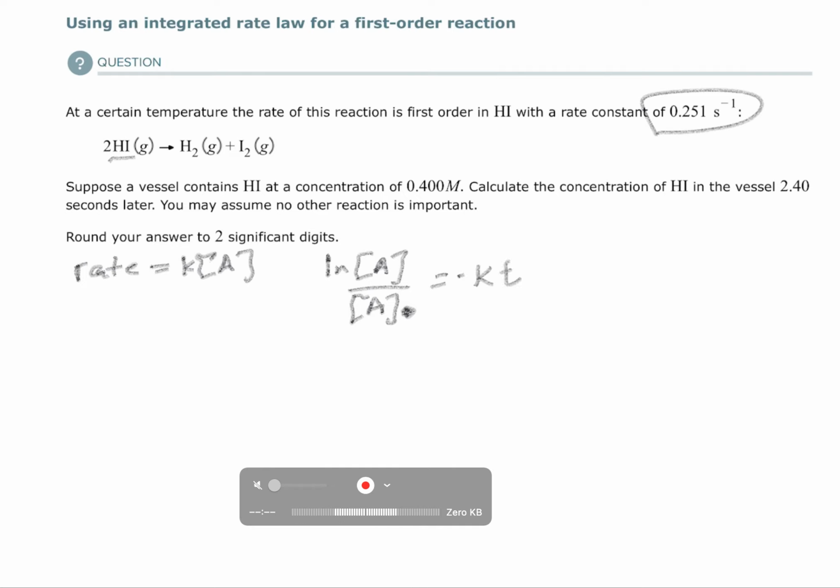All right, so you're simply going to fill in what you can. The first thing I see is my molar concentration at the beginning is 0.400 molar.